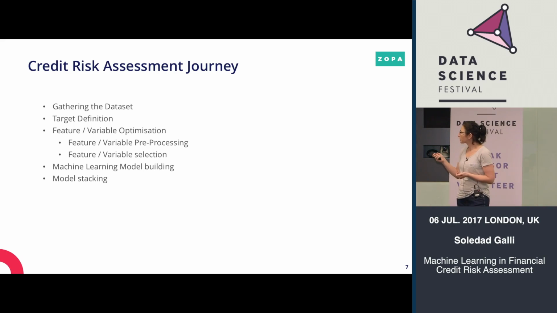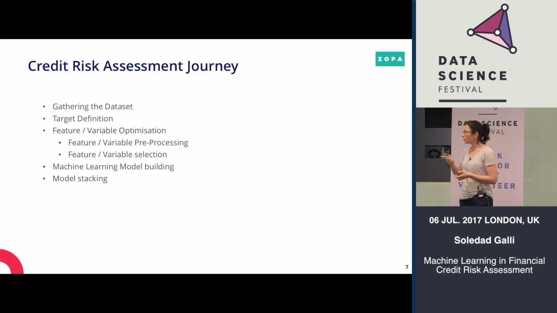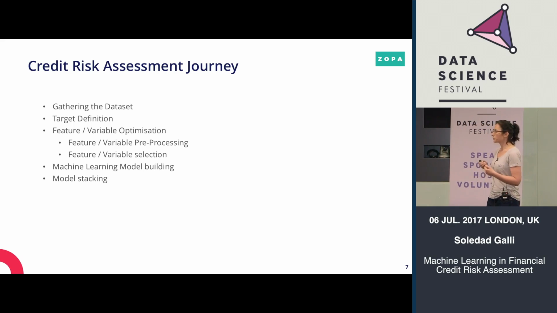This journey includes, first, gathering the data set, gathering the information, learning as much as we can about our borrowers. It also includes defining what risk is for us, which is basically what we want our models to predict. So in this case, it is creating the target.